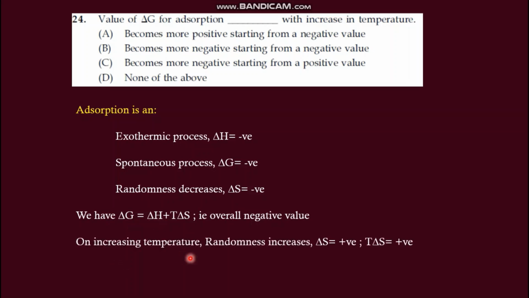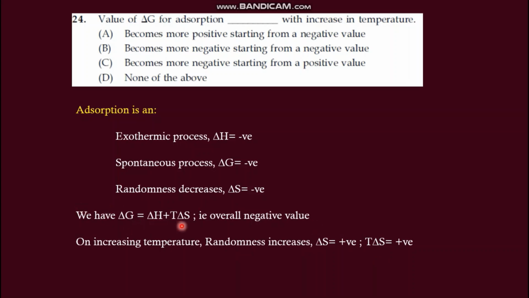When temperature increases, the randomness increases. That is, when we are providing temperature, the adsorbed molecules will get free. That means randomness increases. The randomness increases means delta S will be positive, or T delta S will be positive. When we are increasing the temperature, this value will be more positive.